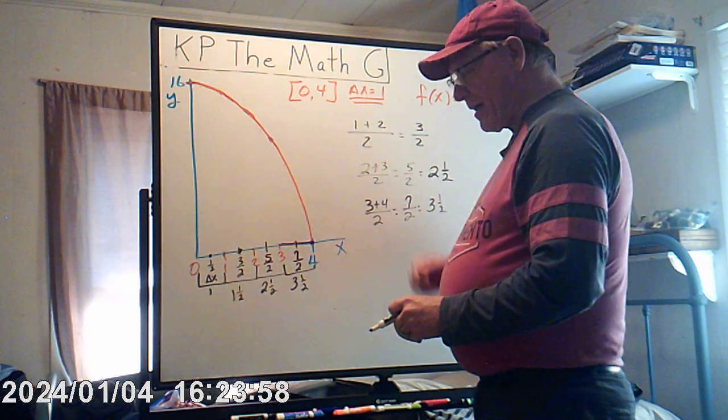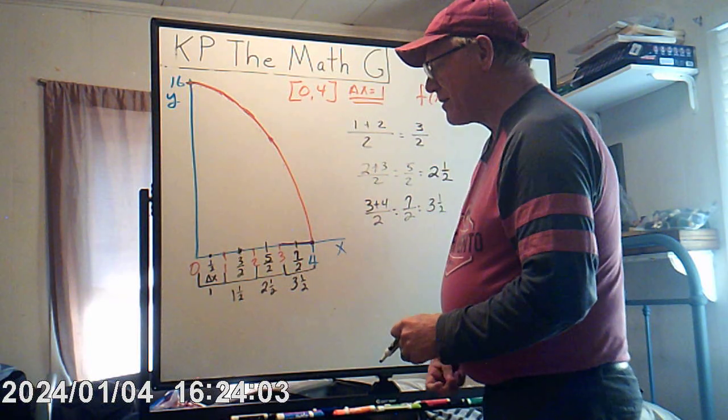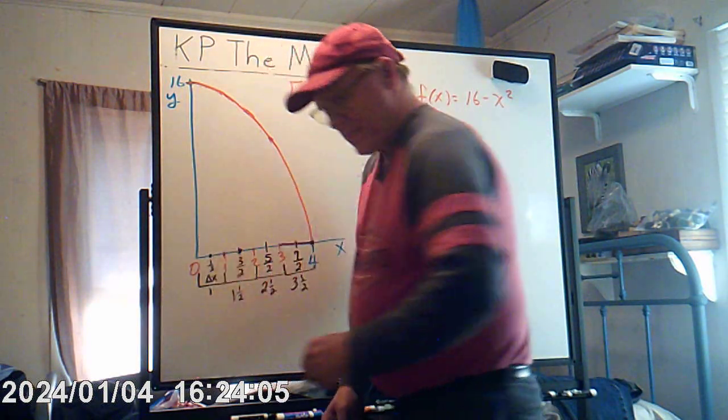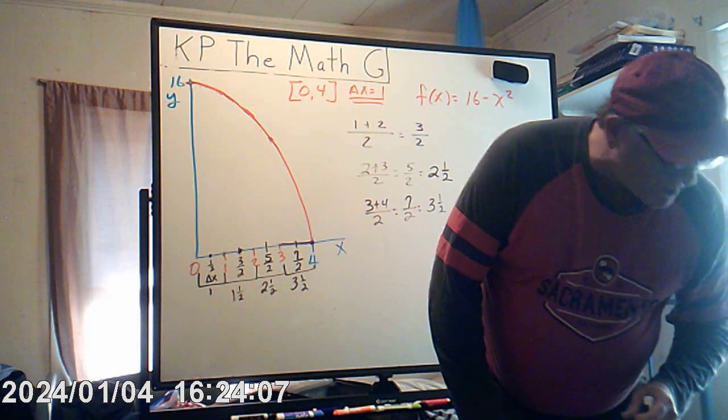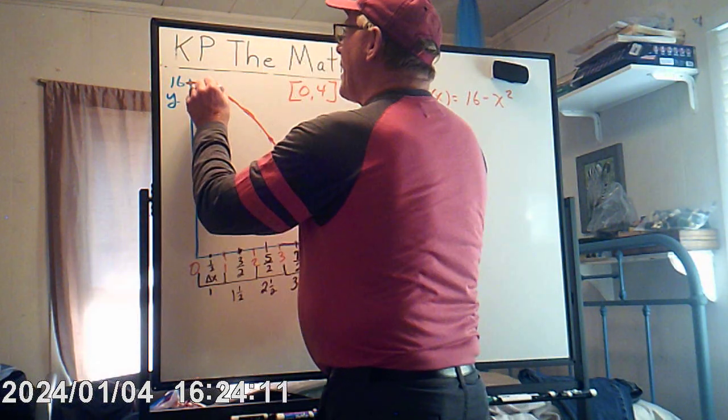Our delta x is still the same. So this is what we're going to do right here. I'm going to draw a dotted line. At the midpoints, I'm just going to simply draw a dotted line until I touch.